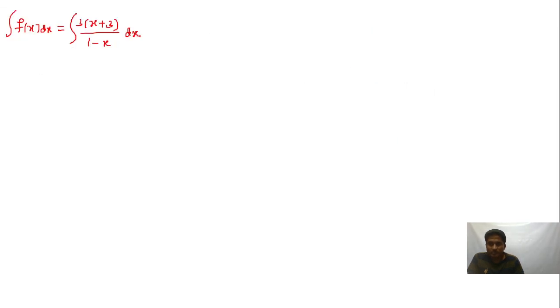Okay, and then dx. 3 is a constant, I'll take it outside. This is an improper fraction. If you divide numerator by denominator, the quotient will be equal to minus 1, and the remainder is 4. So improper fraction is equal to quotient plus remainder divided by divisor.